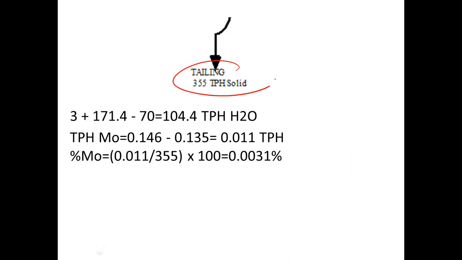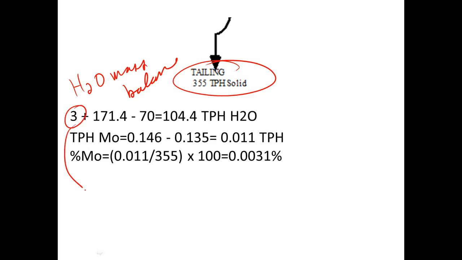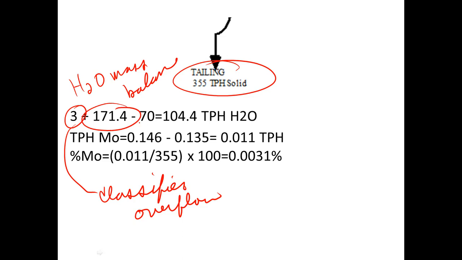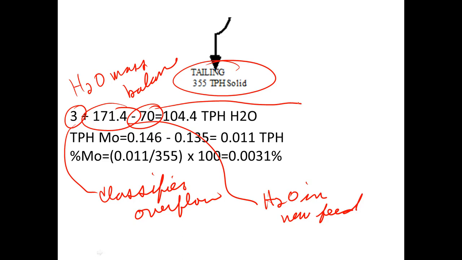So looking at this tailing here, let's do a water mass balance. 3, of course, was the classifier overflow. 171.4 was the water in the new feed. 70 was the flow out.